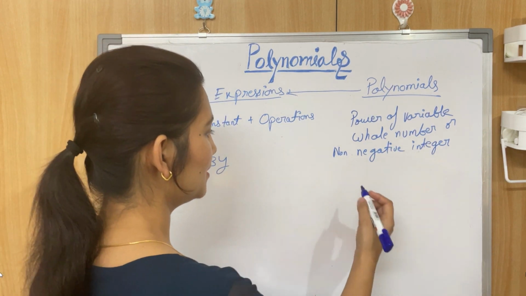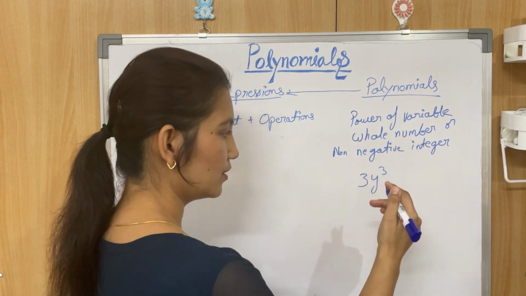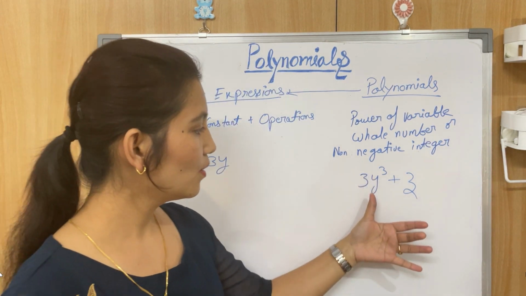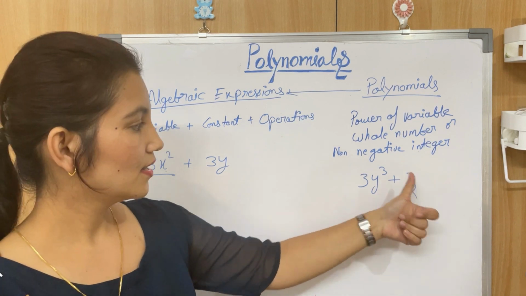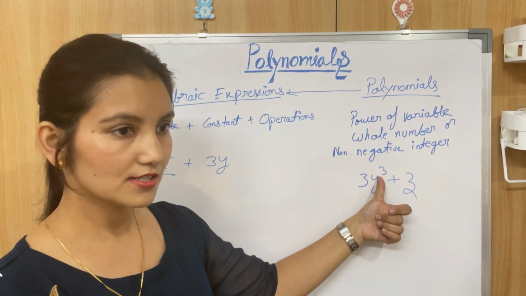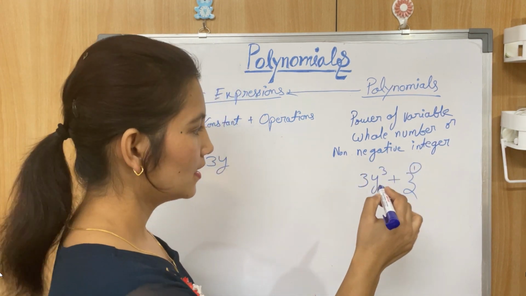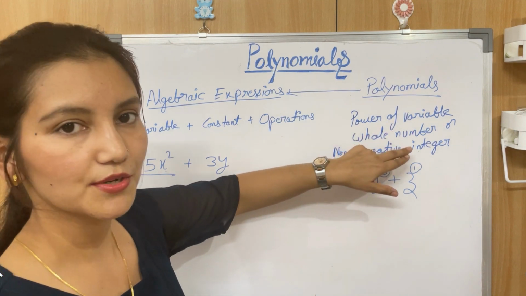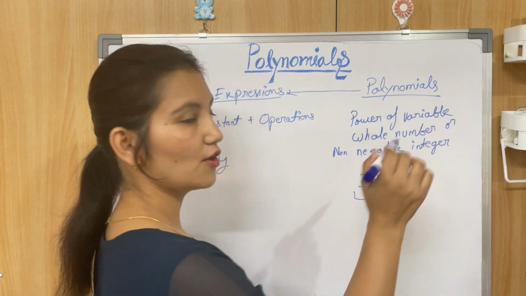Let's take an example: 3y cube plus z. Now here the variables are y and z, and the power of the variable is 3 in this case, and here the power of the variable is 1. Now the power of the variable is a whole number in both cases. That's why this expression is a polynomial.